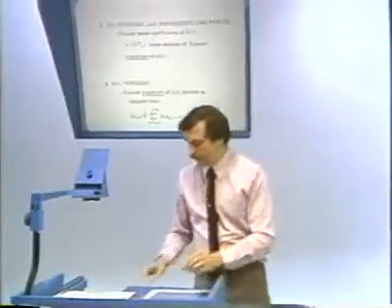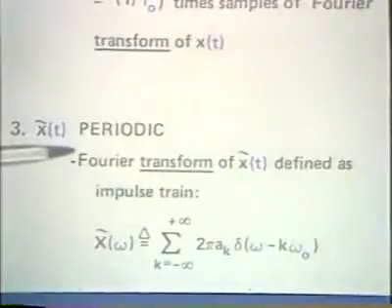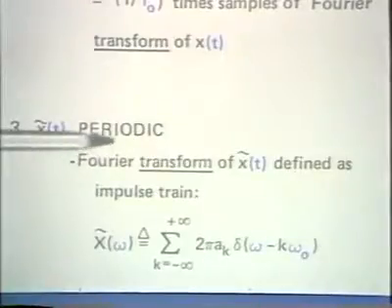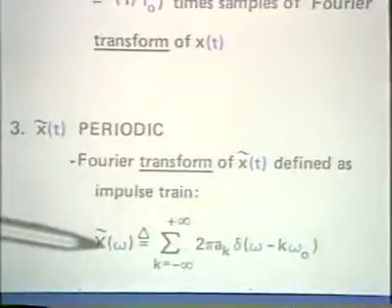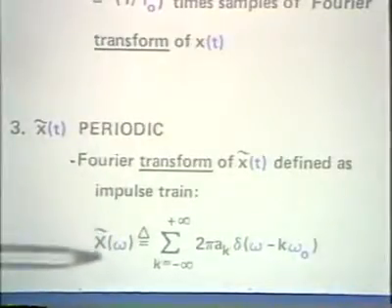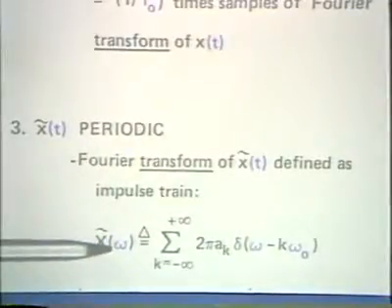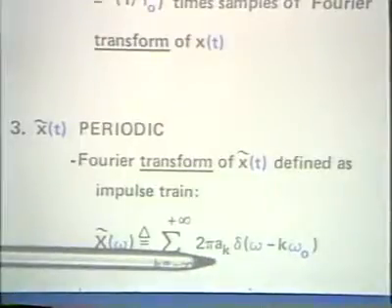So in continuous time, we had used this definition of the continuous time Fourier transform of a periodic signal.